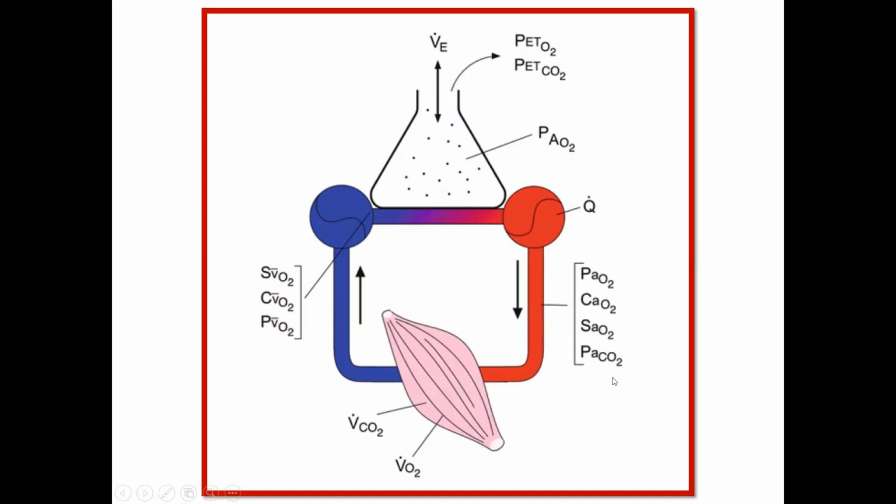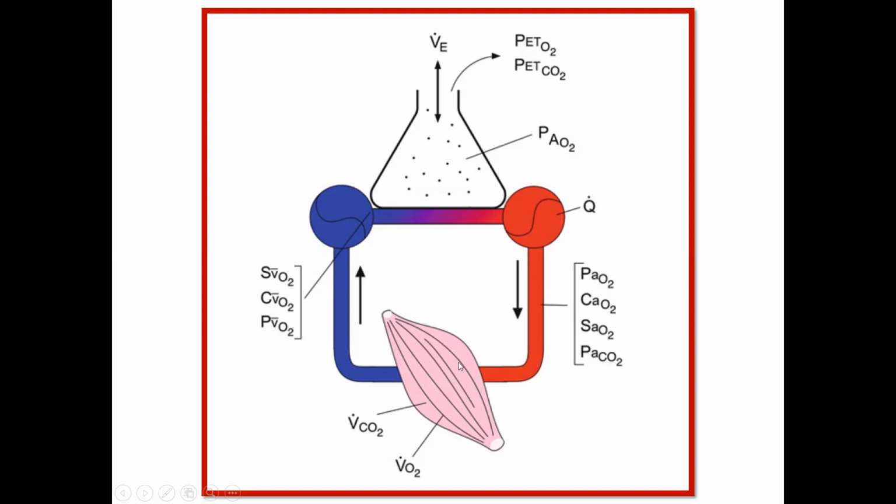These are the numbers that you would use in the arterial circulation. These are typically measured by an ABG: PaO2, arterial oxygen content, SaO2, which is the saturation of oxygen that you can measure using a pulse ox, and PaCO2.